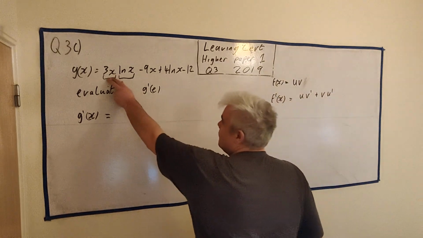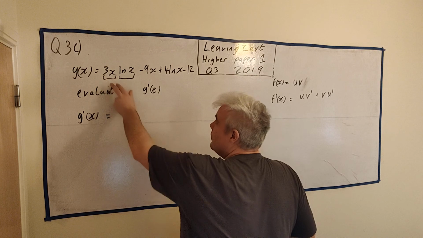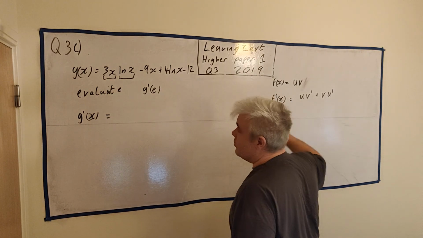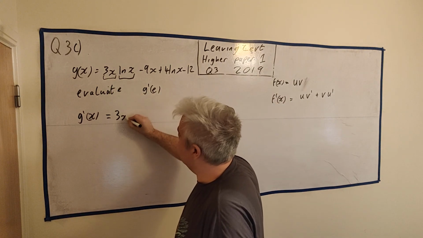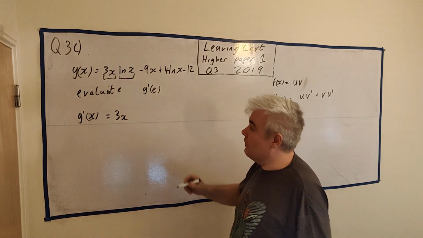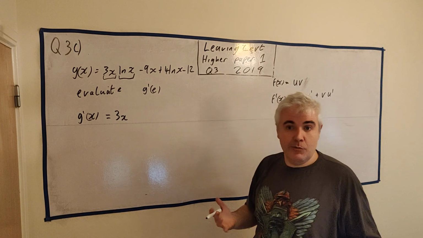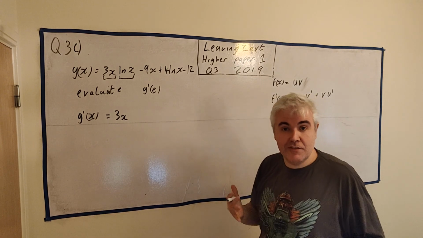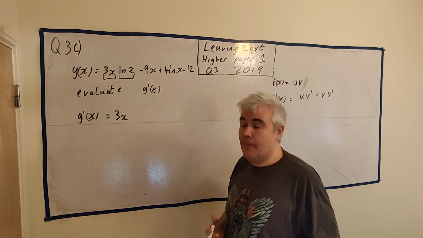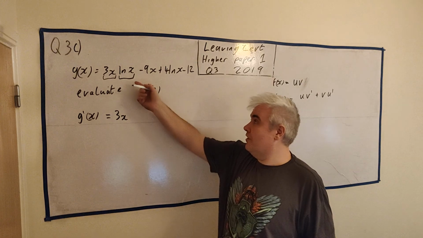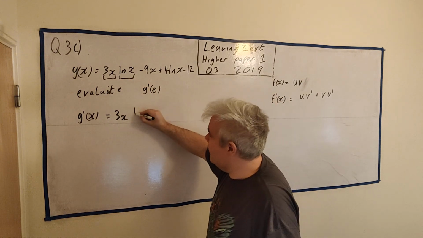So we have two things multiplying. So the derivative of these is the first one left alone, 3x, multiplied by the derivative of the second. Go ahead, look in your formula tables, depending on where you are in the world. If you're maybe not doing a leaving cert, you're probably given rules for how to differentiate this, or maybe you've just memorized it yourself.